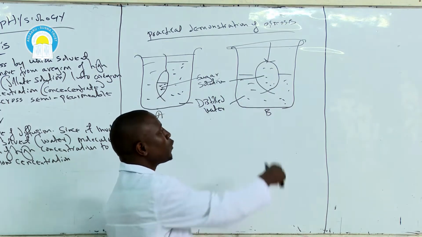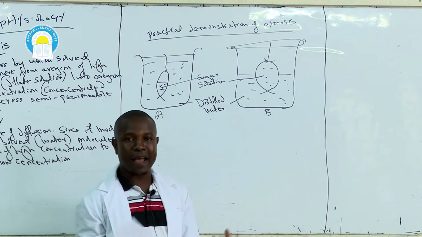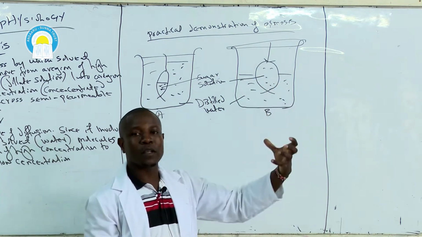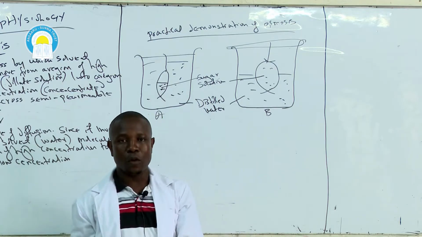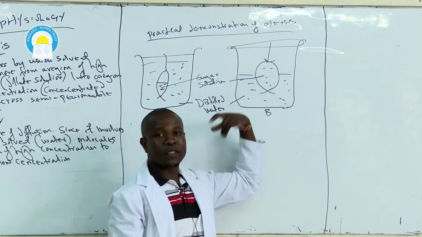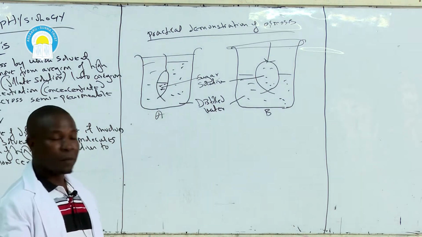That means water moved from the beaker into the visking tubing. The water molecules inside the beaker are high, while the water molecules inside the visking tubing, in the sugar solution, are low. So the water moved from a highly concentrated region to a lowly concentrated region across a semi-permeable membrane. And what is our semi-permeable membrane here?